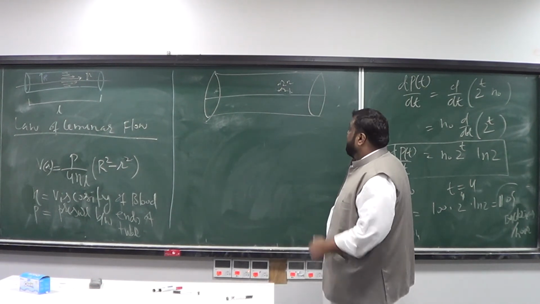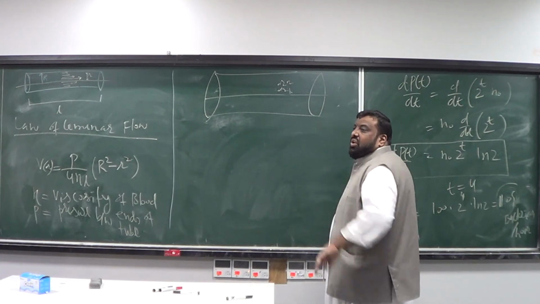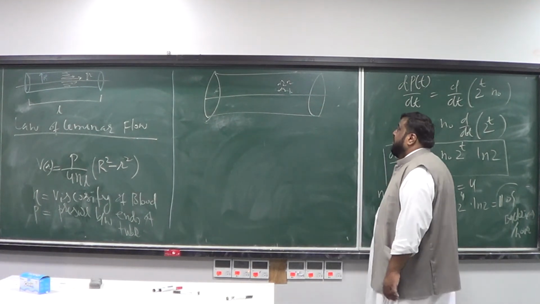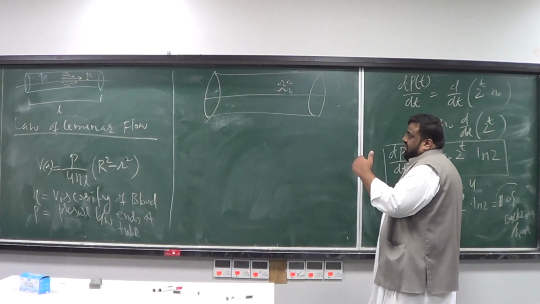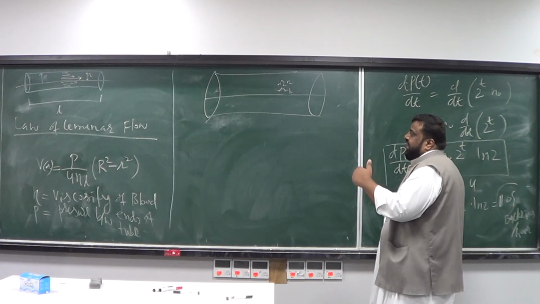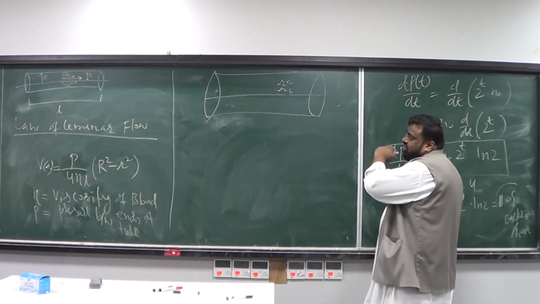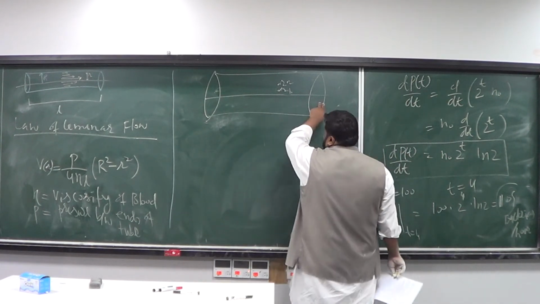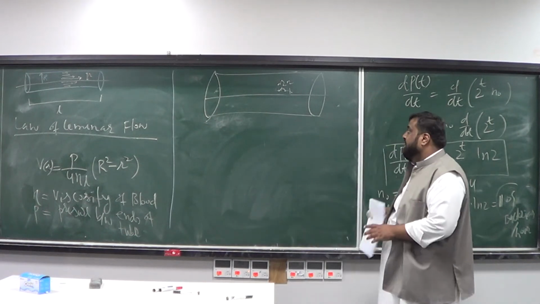The nearer you get to the surface, the slower the speed, so it depends on how far you are from the middle axis.